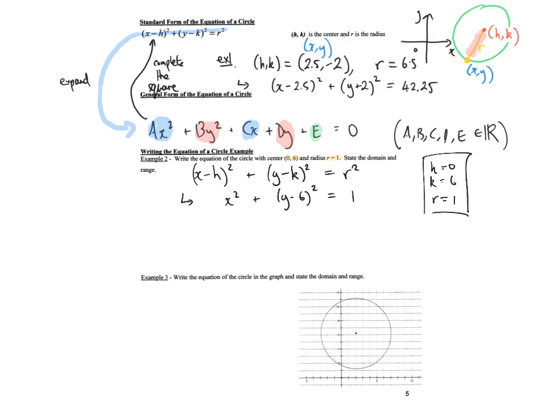Okay, well, in order to find the domain and the range, let's draw a little sketch for ourselves. So the centre is 0, 6. So that is there, and the radius is 1. So let's extend 1 around that centre. So we can go 1 down, 1 up, 1 to the right, 1 to the left. And then we can fill in the rest of the circle.